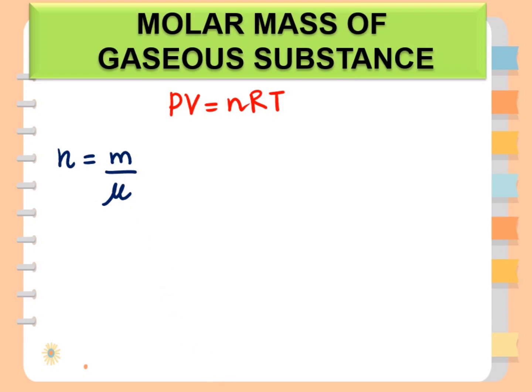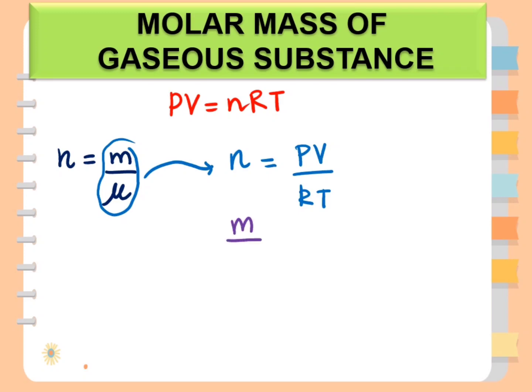Okay, so saya akan rearrange the formula become like this. Number of mole equal to PV over RT, and then kita akan substitute formula number of mole ni ke dalam N. So, you all akan dapat mass over molar mass equal to PV over RT.